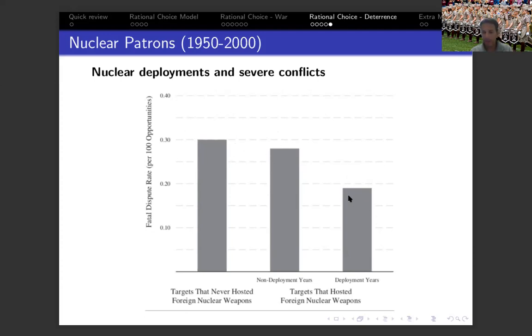Even when we account for the deployment years here, it seems like there is a substantial difference, but according to the findings that the authors have in the paper, this difference is not significant, which means essentially that all those bars represent pretty much the same types of results. Placing nuclear weapons or troops in an allied territory, from this specific perspective, is not efficient in preventing aggression, and that puts a question mark on the effectiveness of such policy.